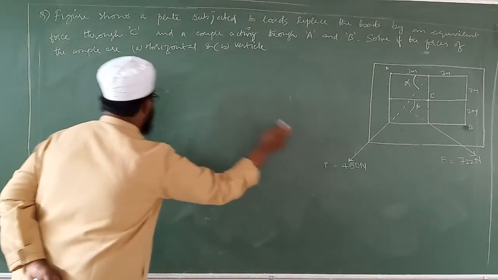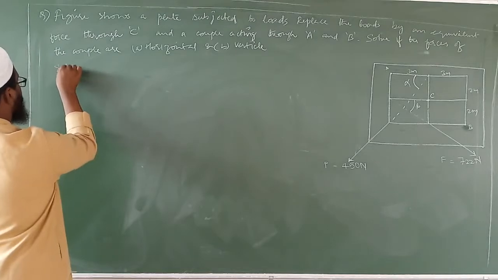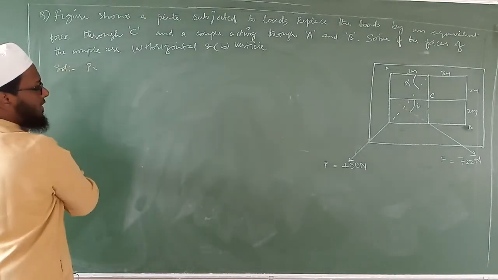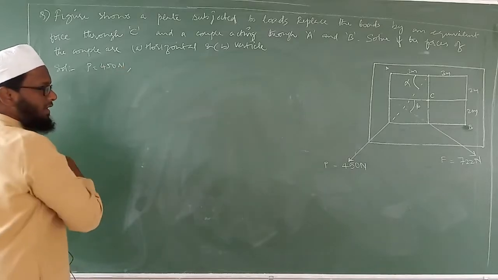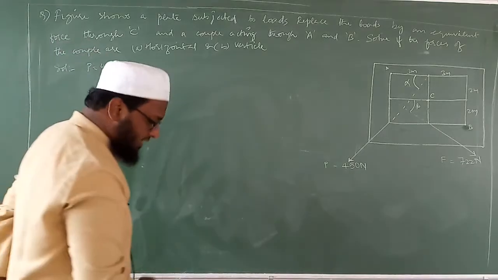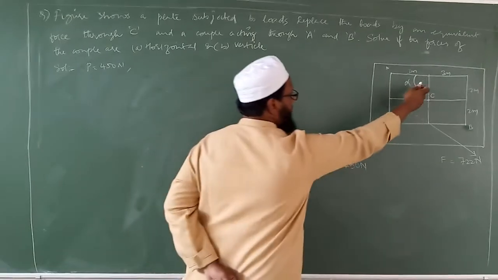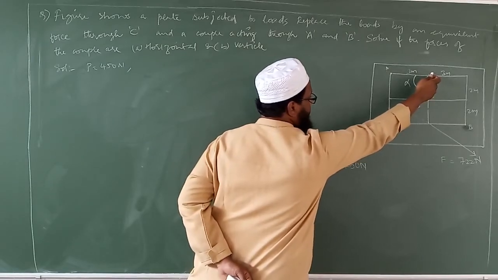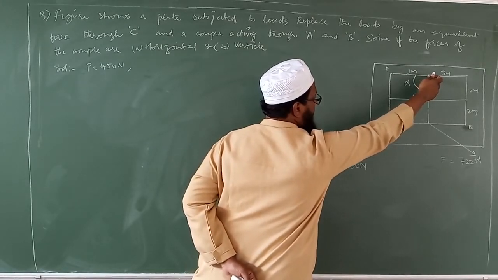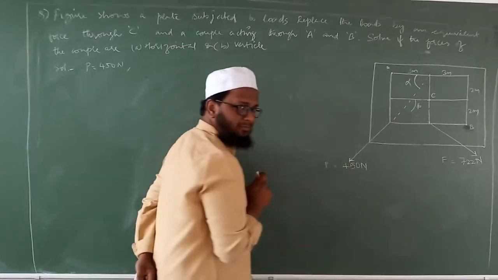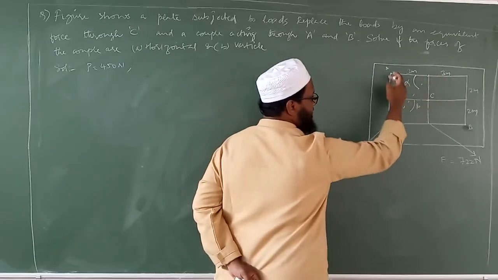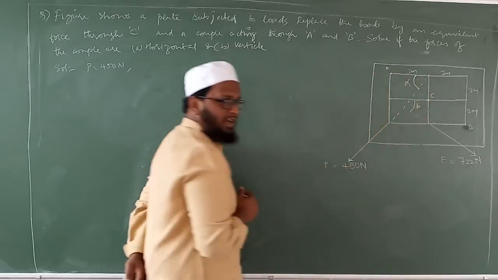So we'll try to take down the force. This one, force P. P is equal to 450 newtons. And I will draw this triangle to make our problem simple. I will draw the triangle which is connected with alpha.